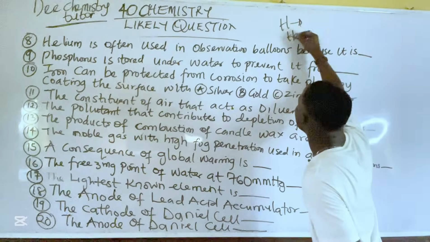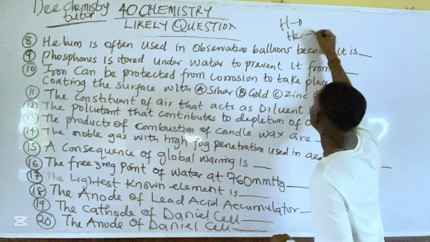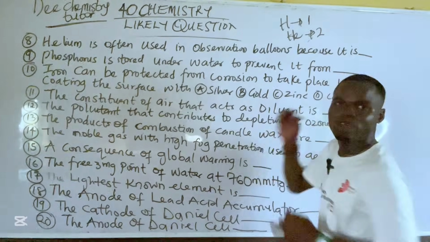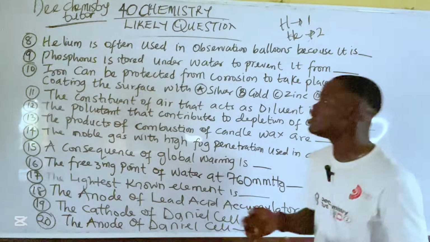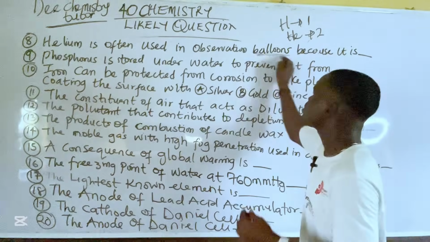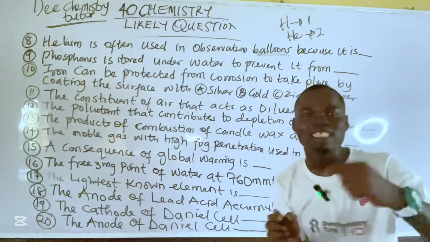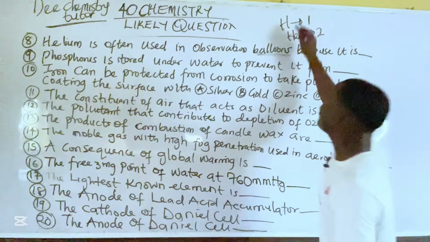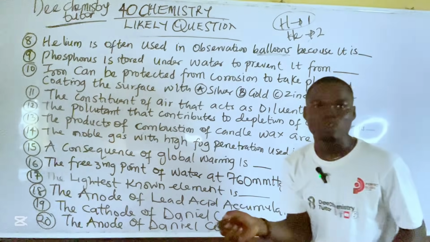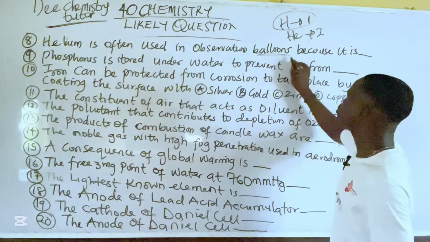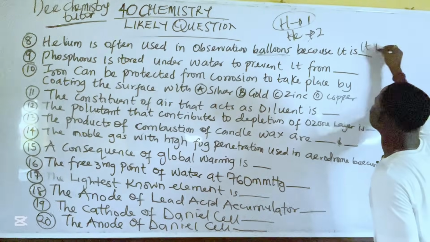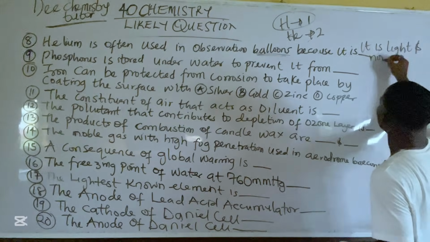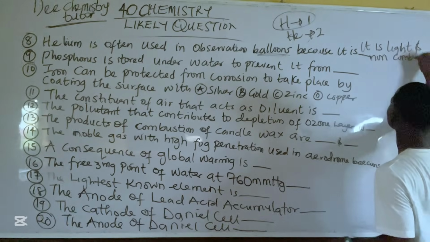Now, helium has an atomic number of 2, while hydrogen has an atomic number of 1, which means after hydrogen, it is helium. Now, it is used for this purpose because it is light, but it is non-combustible, unlike hydrogen that is highly combustible. You understand? So the answer to this question is because it is light and non-combustible.